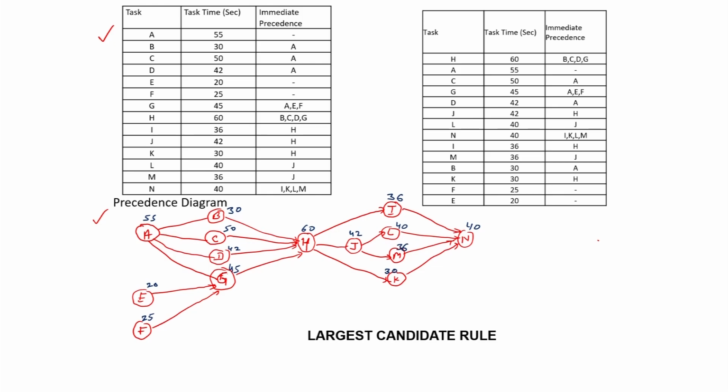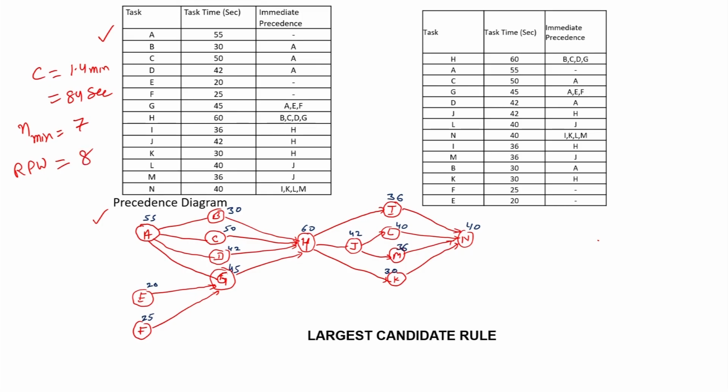So, we have a cycle time of 1.4 minutes, that is 84 seconds, and a minimum of 7 workstations are required. In the RPW technique, we were able to do that with 8 workstations.